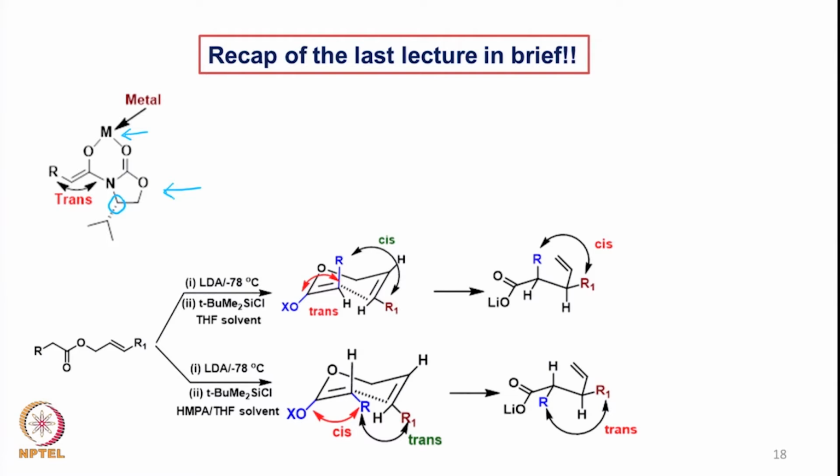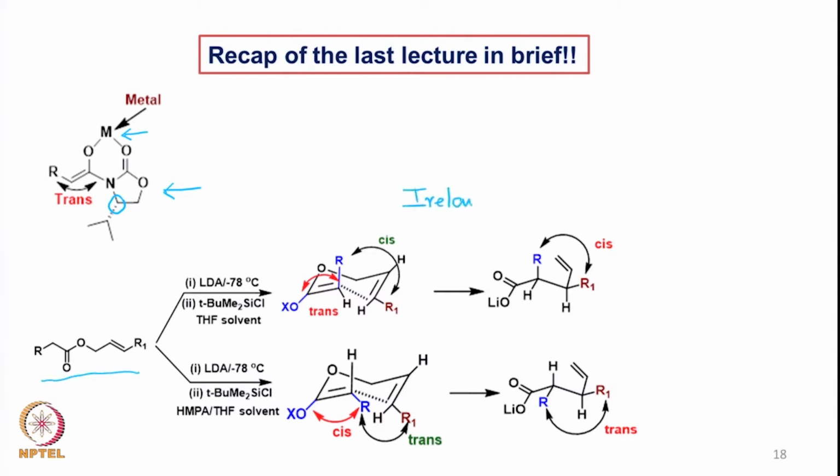Then more importantly, towards the end we looked at the enol silyl ether to be formed from a substrate like this and saw what is known as the Ireland-Claisen rearrangement.